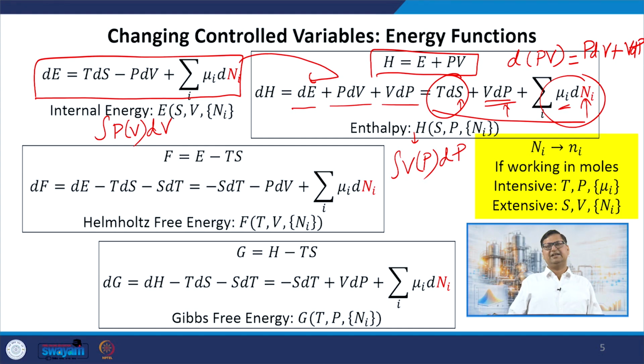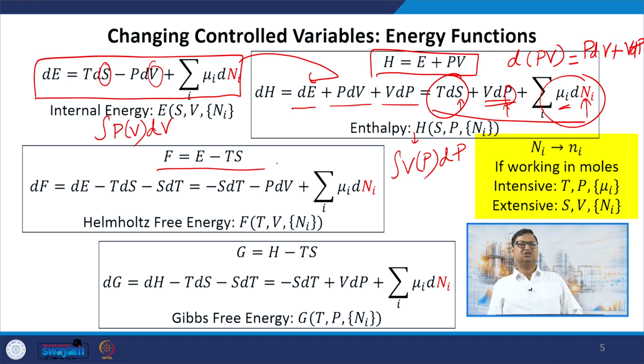I can extend this idea and define another variable where the objective is to change the entropy with temperature. In the same way that we have changed the volume with pressure here, now I want to change the entropy with temperature. How do I achieve that? I define a variable F, which I will call the Helmholtz free energy, that is E minus TS.